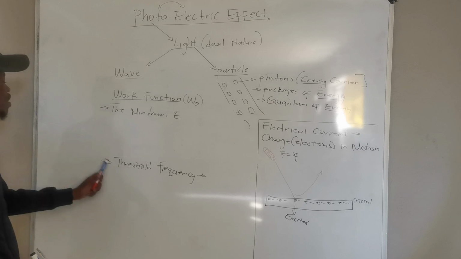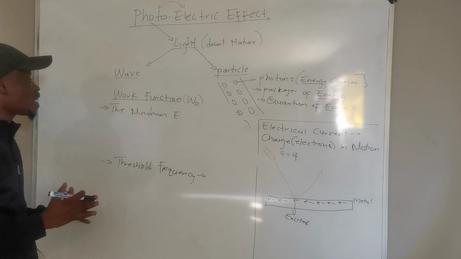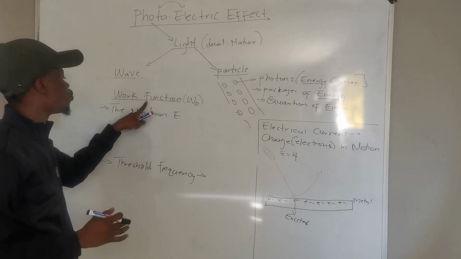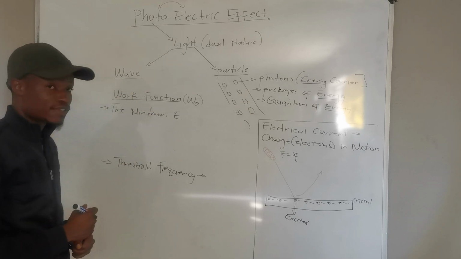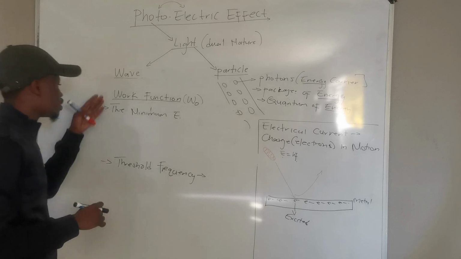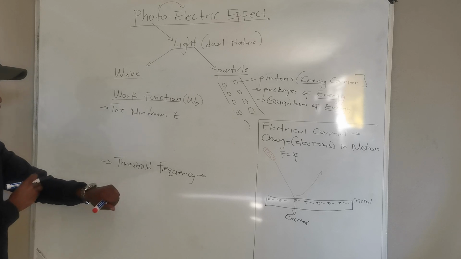So we will ask you to define what a work function is, and to define what the threshold frequency is. Okay, so these are some of the terms that you have to get familiar with.